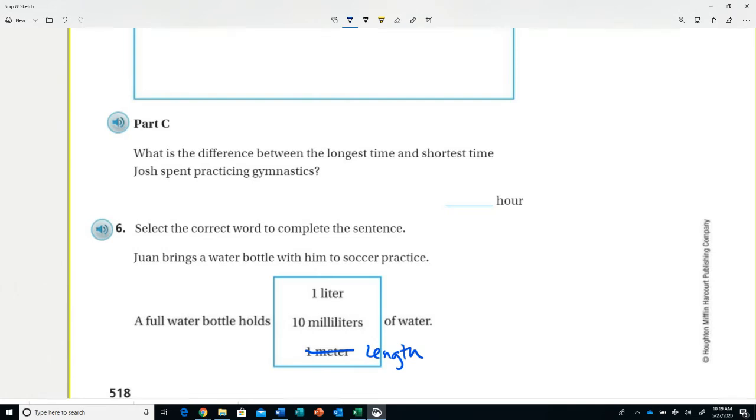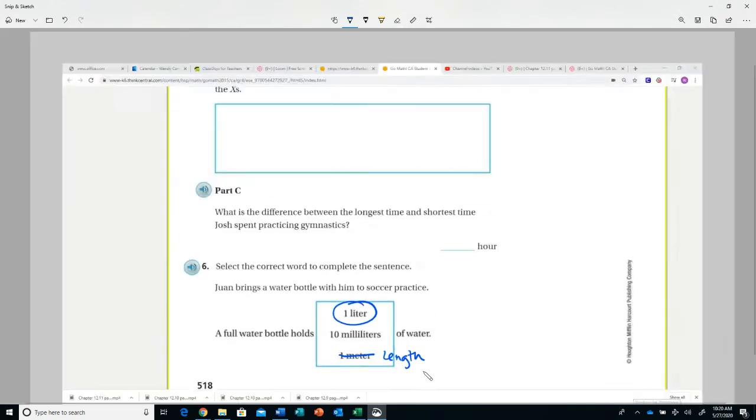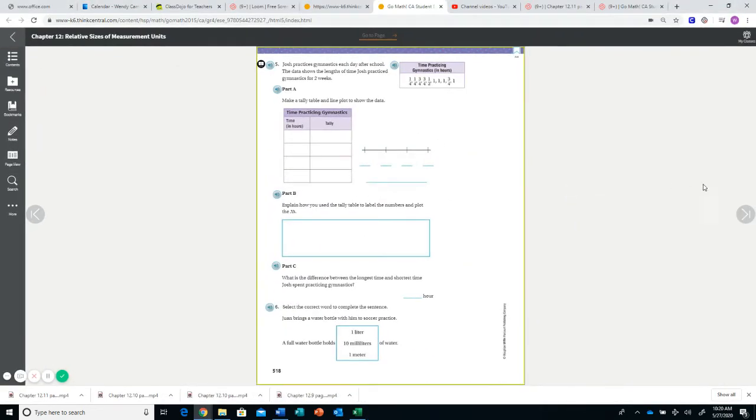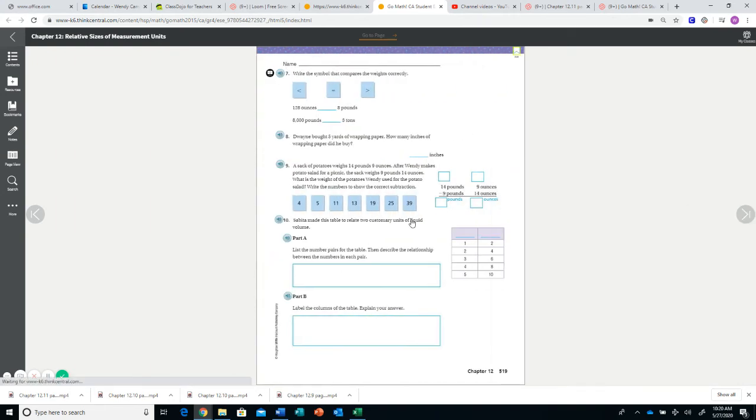We measure liquid medicine sometimes in terms of milliliters. It's like a dropper. It's a very small amount of water. And if you were at a soccer practice outside, it would not be nearly enough. So you're looking at a liter here. Like a liter is one of those pretty good sized bottles of Gatorade.